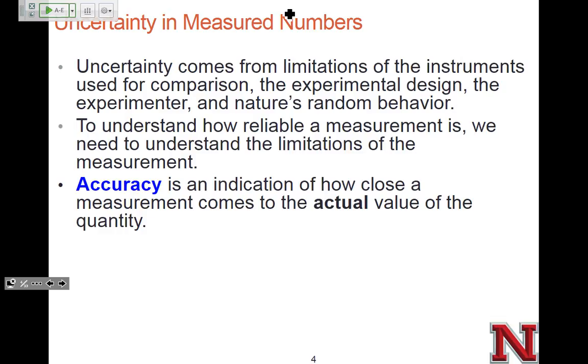And then we also need to understand the difference between accuracy and precision. Accuracy is how close our measured value is to the actual value of the quantity.